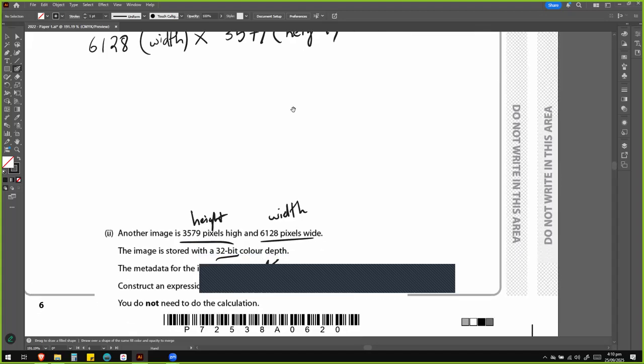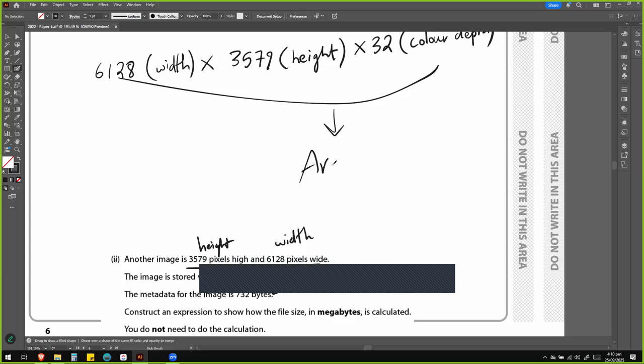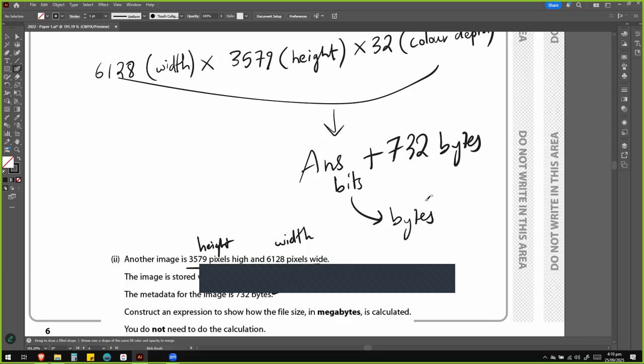Whatever answer comes out of this, we need to add 732 bytes to it. The problem is the answer that will come out from here is going to be in bits. So we need to first convert that to bytes, and then we can add it to 732.